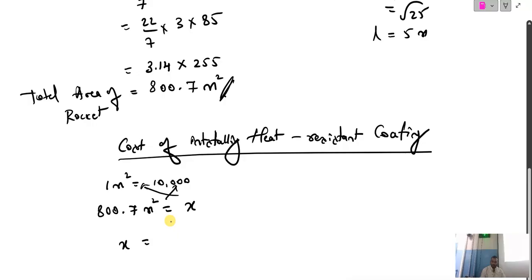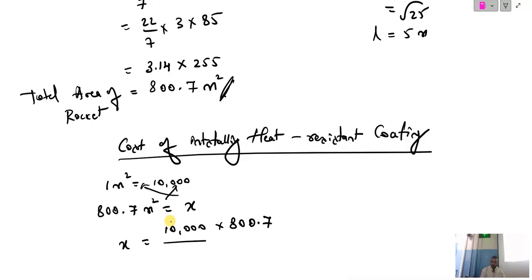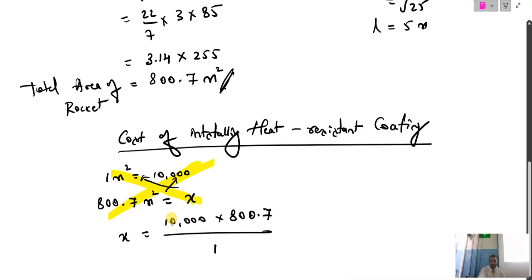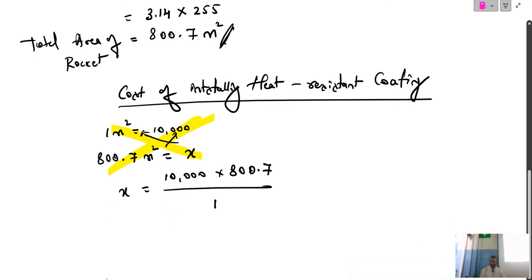So X will come this side: 10,000 into 800.7 divided by 1. Clear? So X will come this side, 1 will come down. Divided by 1 remains the same. So we can calculate the X value is 10,000 into 800.7.